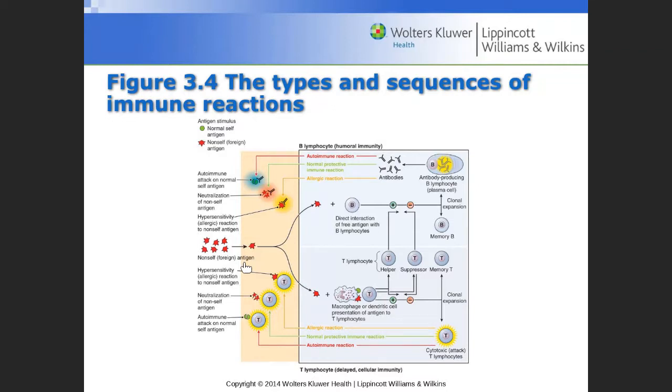When you get an immune response, we refer to it as adaptive immunity. Okay, we're not talking about innate immunity. We're not talking about the skin, the acid, the interferon, inflammation. All that is innate immunity. Okay, this is adaptive immunity.